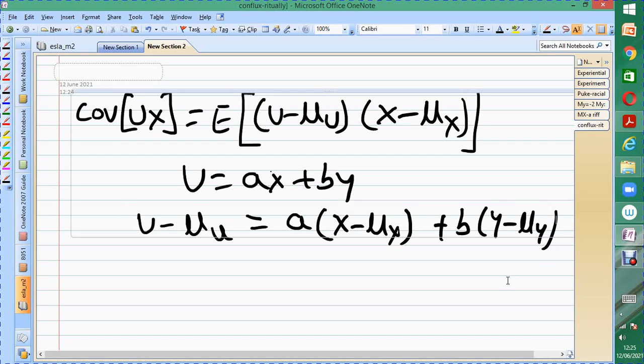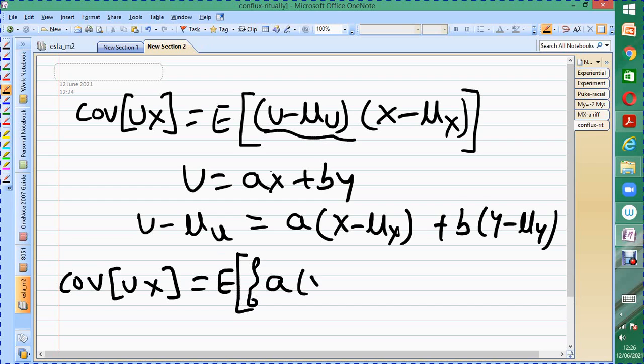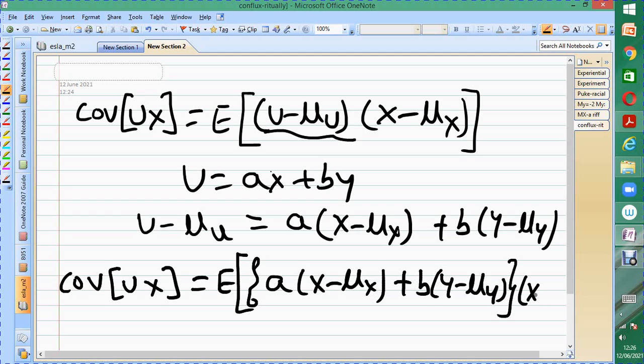Having this concept in mind, we can write covariance of ux as expectation of, within the flower bracket, a into x minus mu x plus b into y minus mu y. This whole thing has to be multiplied by x minus mu x.